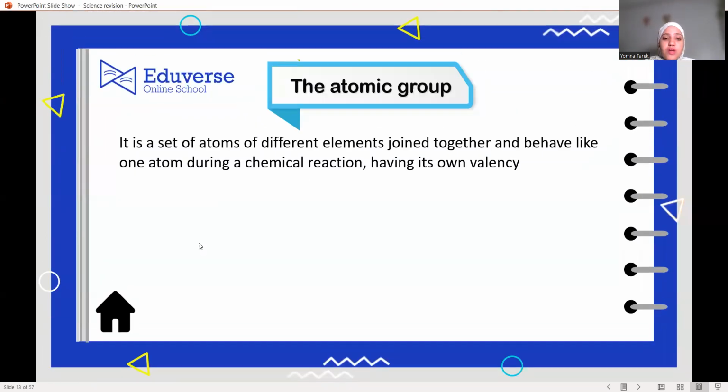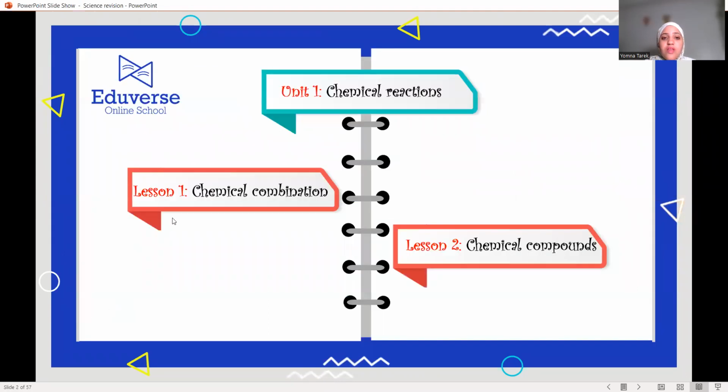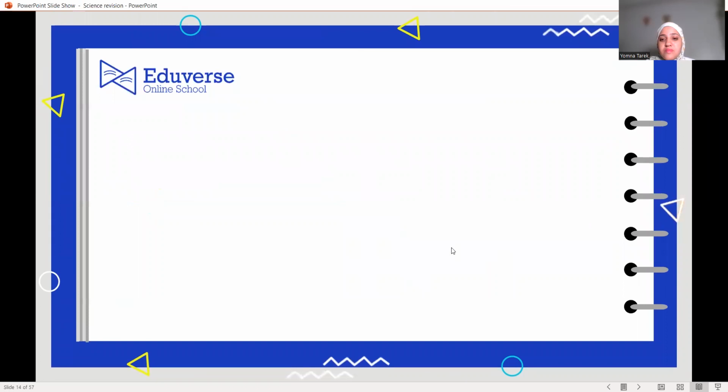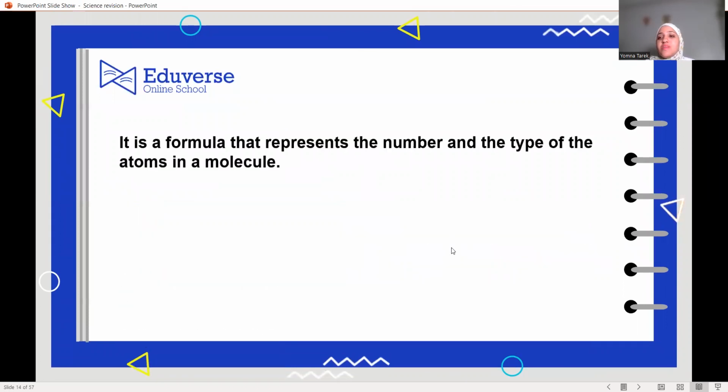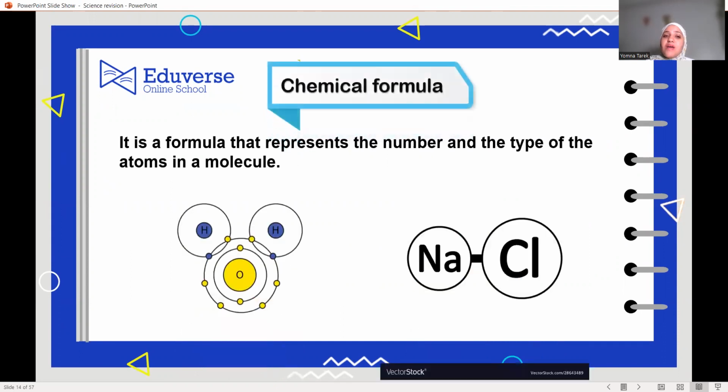Now let's remember together, lesson 2, chemical compounds. What is a chemical compound? First, let's talk about chemical formula. A chemical formula is a set of symbols that represents the number and the type of the atoms.